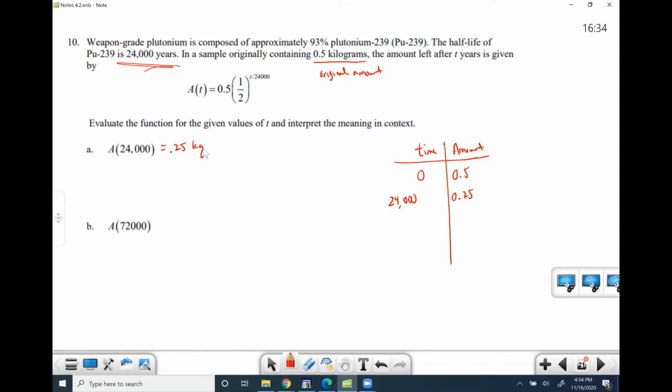Now, if another 24,000 years pass, then I'm at 48,000 and I'd half that again. Then if another 24,000 years pass, so 48,000 plus 24,000, that is, whoa, what do you know? 72,000, you guys.